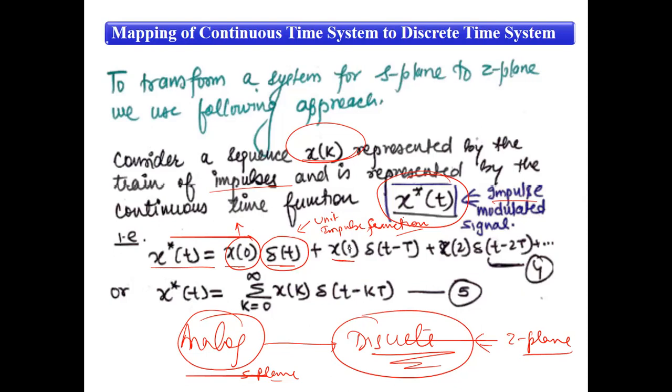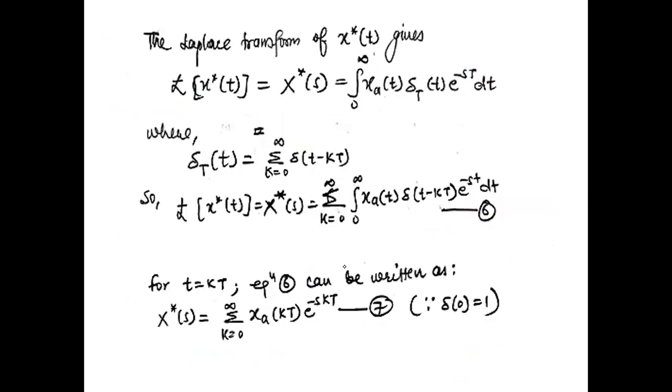This could be any value, 1, 0, or anything else. Then we have δ(t minus T), which is a delayed impulse function, delayed by the value T. Similarly we have all the others. We call this the train of impulses, or the impulse modulated signal. This x*(t) can be represented with a single equation, equation number 5: the sum over k from 0 to infinity of x(k) δ(t minus kT). This is how we can represent the given sequence.